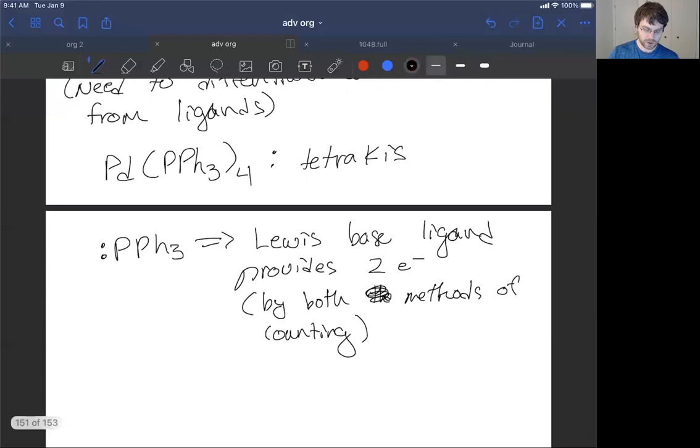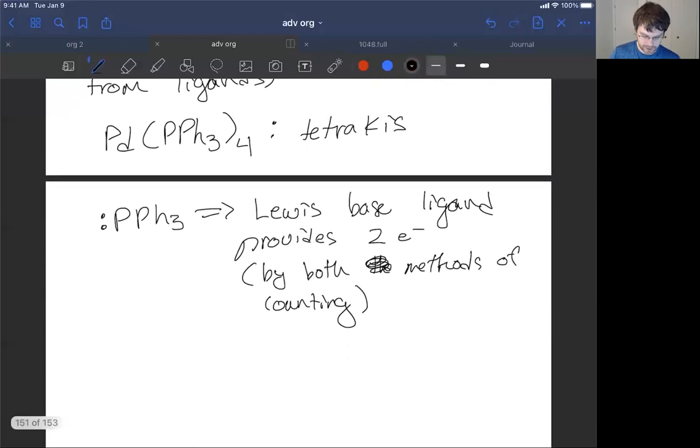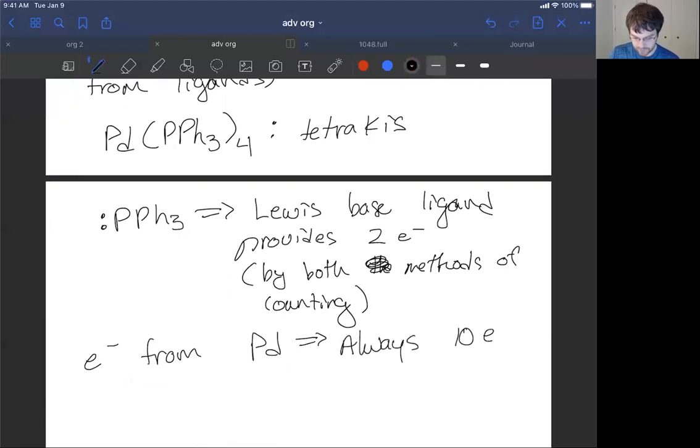Okay, so what we do is we first look at the electrons from palladium. Now, what I always remember if I'm having trouble is that palladium is always 10 electrons. And that allows me to really understand the entire periodic table in terms of the electron counting. Palladium is always 10.